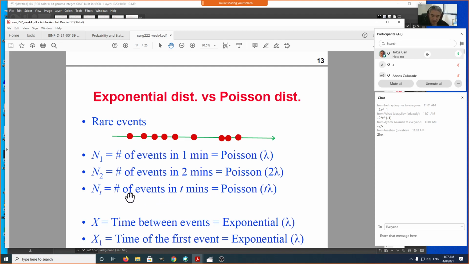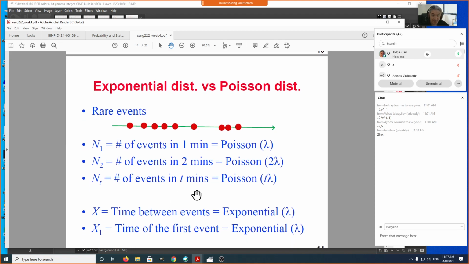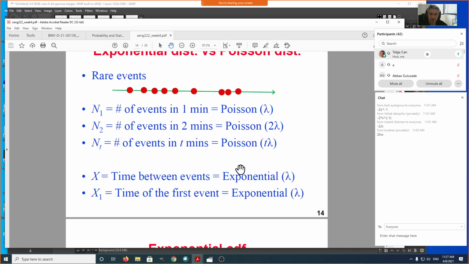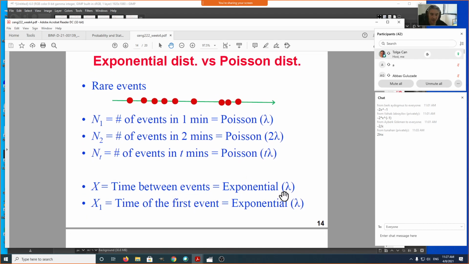In general, the number of events in t minutes is going to be t times lambda. This is how we find our Poisson random variables. And in this case, the time between any two events is going to be exponential. Time to first event is also the same exponential. So the time between any of these events is an exponential random variable with the same lambda.